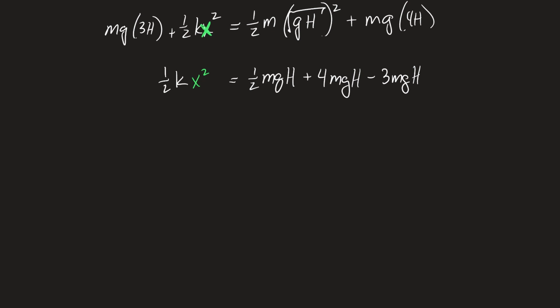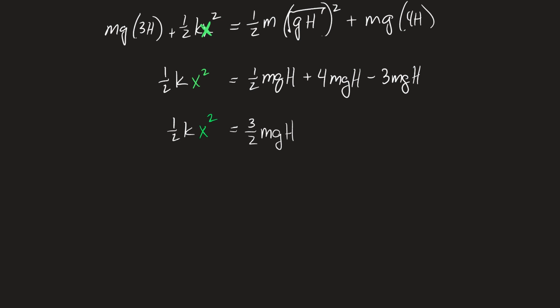Looking for x. Those all have mgh in them, so I can just add them together. 4 minus 3 is 1. 1 plus 1/2 is 1 1/2. So this is 3 halves mgh. The right side is 1/2 kx squared.